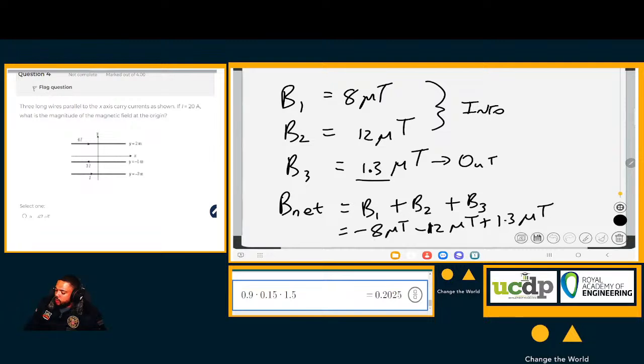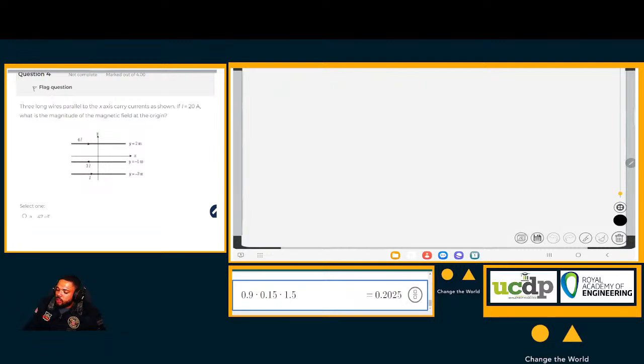If you add all of that up, it will be negative 20 microtesla plus 1.3 microtesla, so that will be 18.7 microtesla.